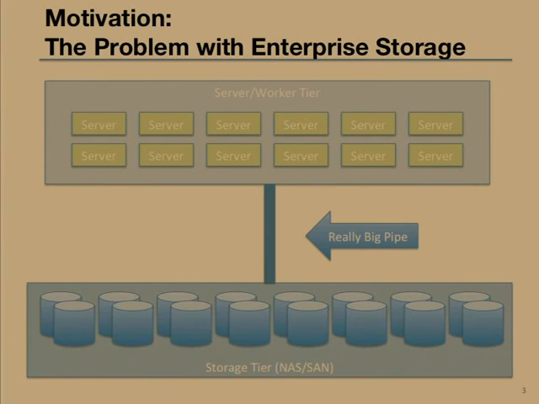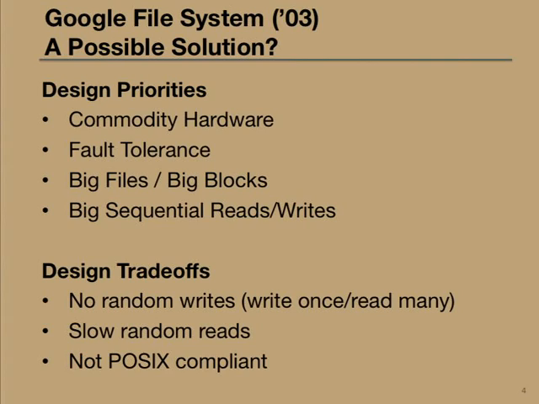So over 10 years ago at this point, the folks at Google were building this gigantic search engine, and in order to build the inverted index that they needed to power that search engine, they were collecting these gigantic data sets by doing web crawls.